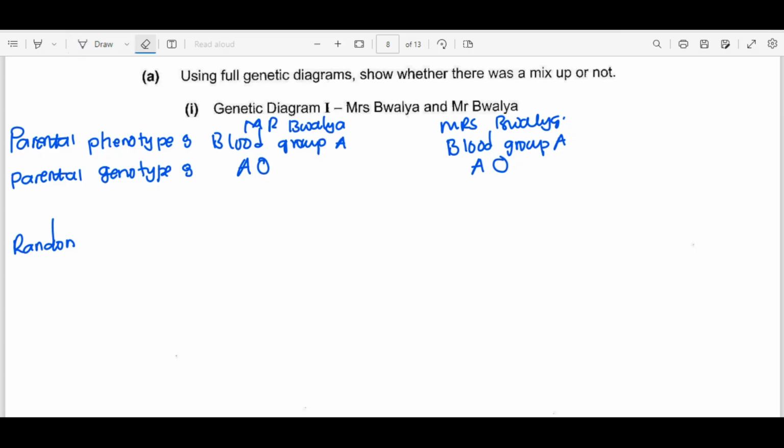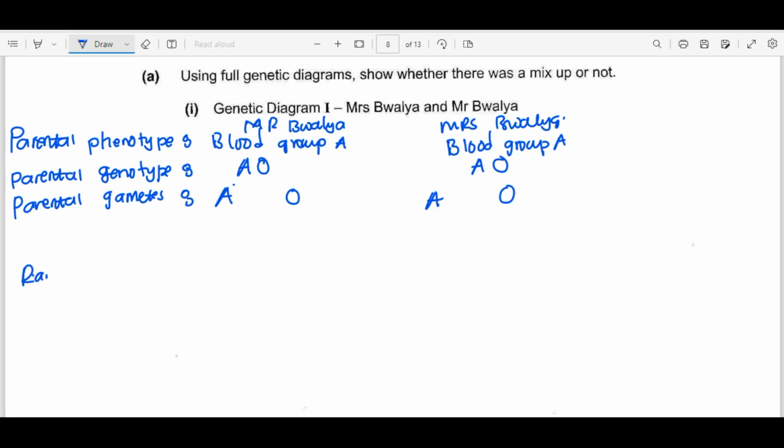Before we put the random, let's look at parental gametes. Right, so we just have to separate these, then they become the gametes.